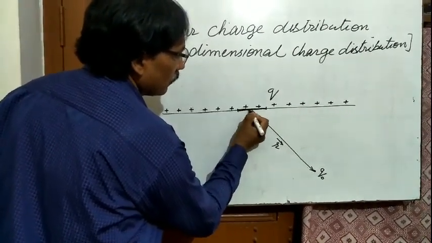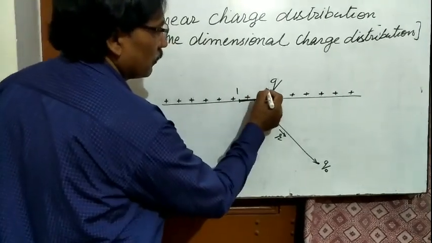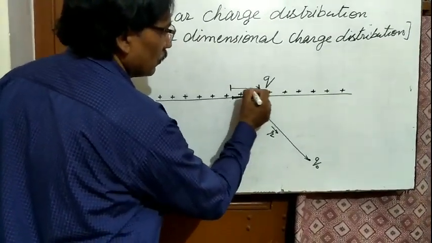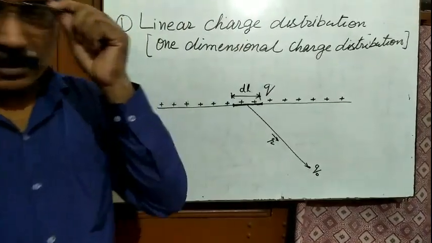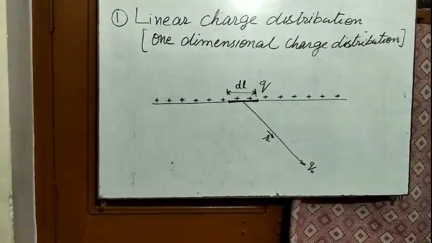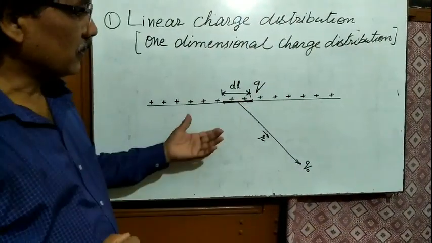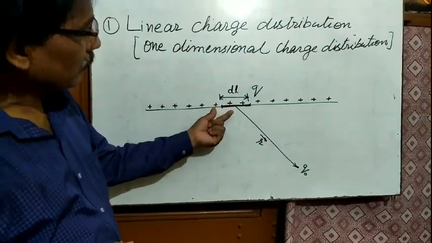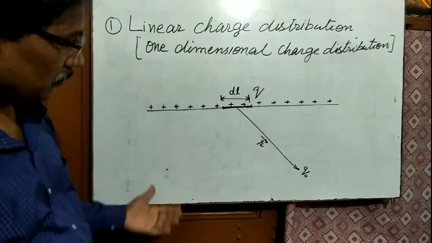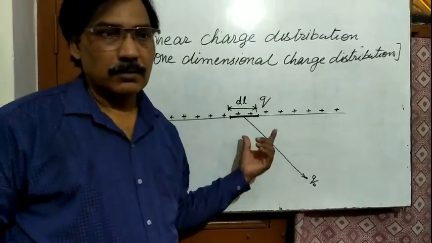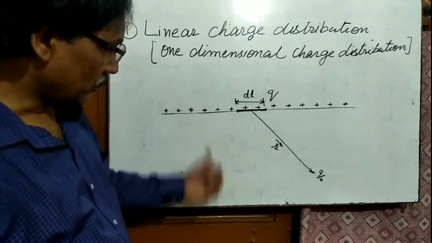Suppose this length is equal to a small length dl. Consider a small length of the wire dl. Write down, consider a small length dl. It is known as a charge element.